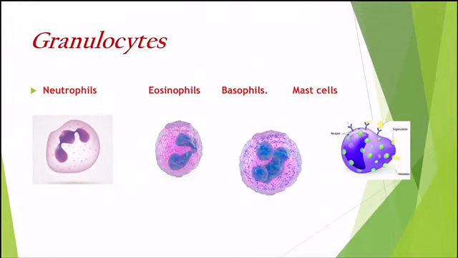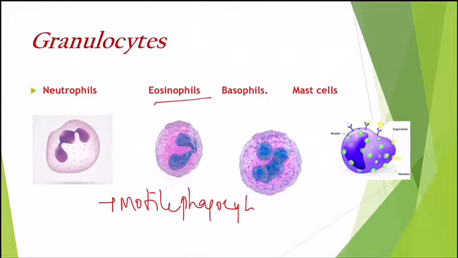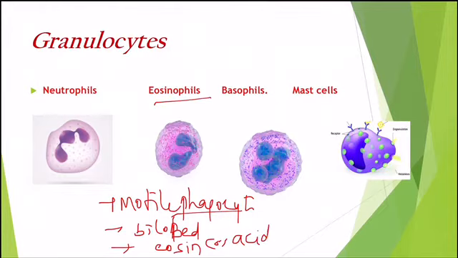Next one is eosinophils. Eosinophils are called motile phagocytes. They are motile and can migrate from blood into tissue spaces. They are bilobed and stained with eosin, and they are called acidophils.